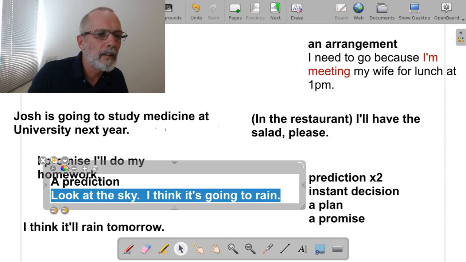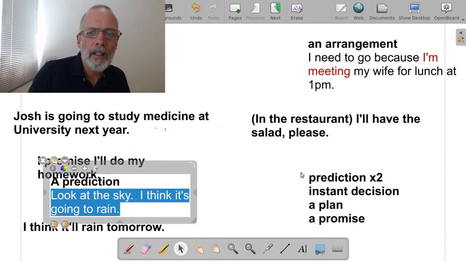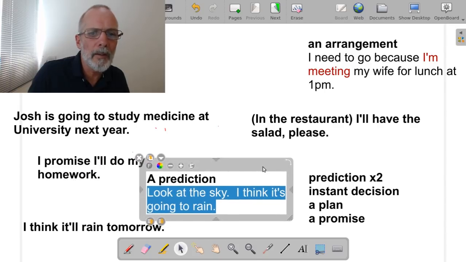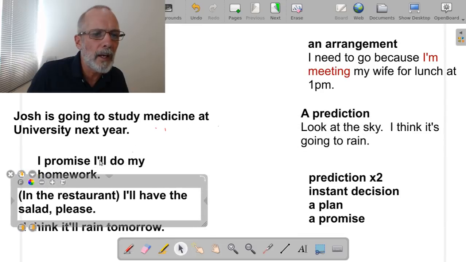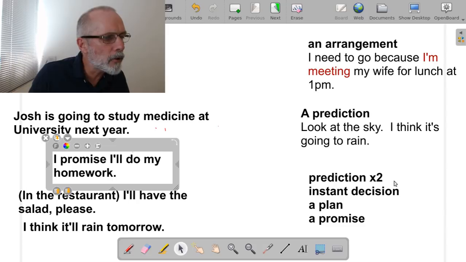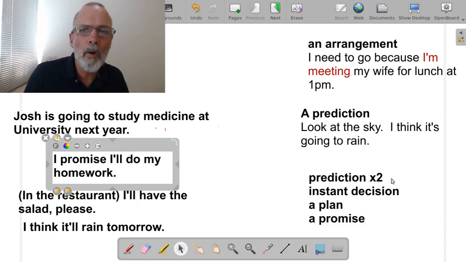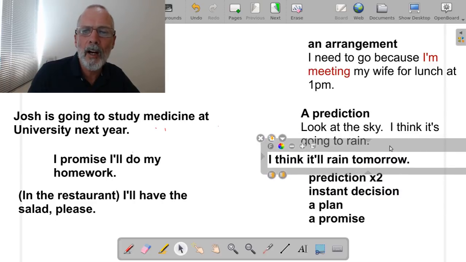Let's make that easier to see. Can you see another prediction? We've done that one. Let's put the ones we've done over here, I think, and move the other ones down here. So we've got one prediction. Can we see another prediction? Yeah, Russell says it'll rain. I think it'll rain. Here we have another prediction.